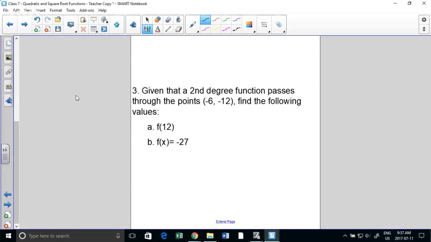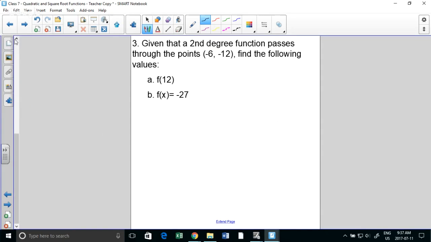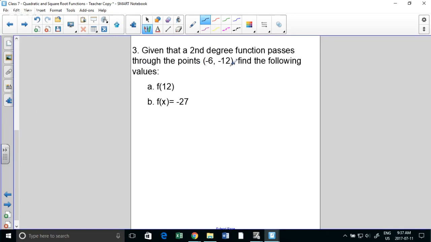Just a quick reminder. So here, given a second degree function, so that's a parabola that passes through the point -6, -12, find the following values. So this means x is 12, and this means y is -27. So let's do this one quickly. y equals ax squared.